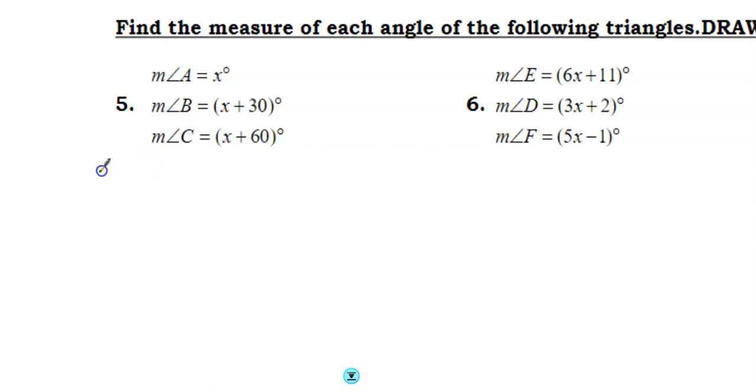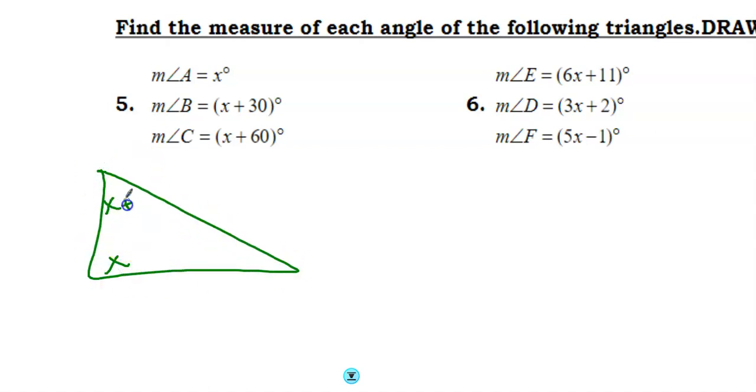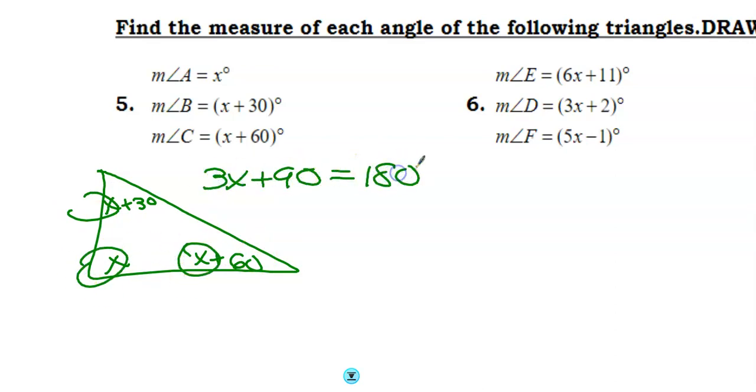So angle 5, let's draw it. So I have x plus 30 and x plus 60. I'm going to add up the x's and combine like terms. So I have 3x plus 90 equals 180. This looks pretty familiar. Subtract the 90 and divide by 3, and x equals 30.